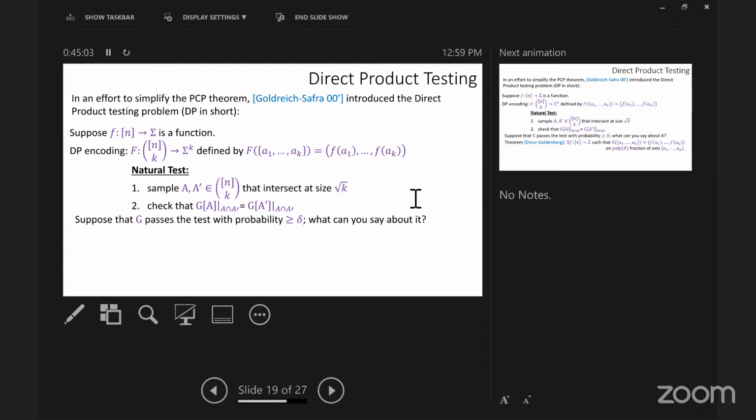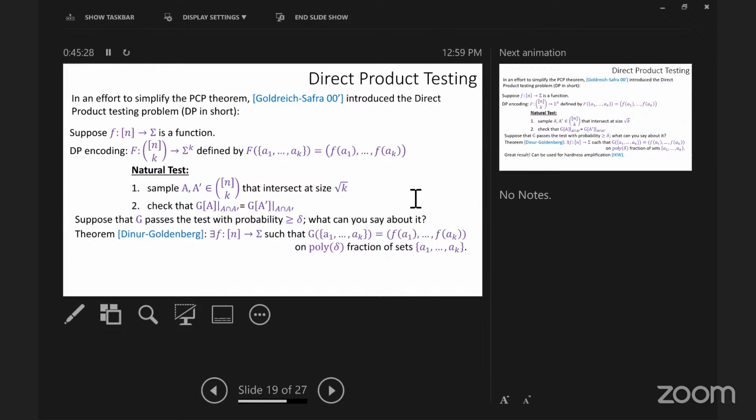And the really interesting question here is about the inverse type theorems. Suppose I give you a table G that passes this test with some noticeable probability, let's say at least delta, where delta is something like 0.01. Can you tell me that G comes from little f in any way?